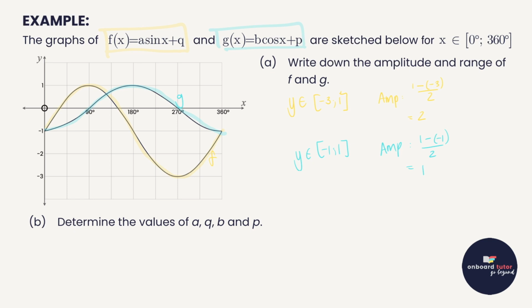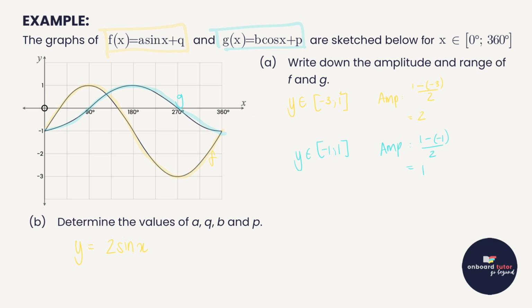Okay, and now they want us to determine the values of a, q, b, and p. In other words, what is the equation here? Okay, so the sine graph is going the right way, up and then down. We can see that the amplitude is 2, so I can already say that y is equal to 2 sin x. I always look at what's happening here.